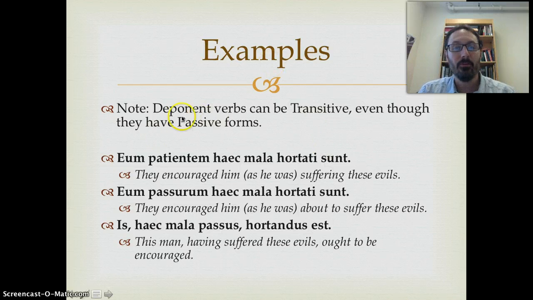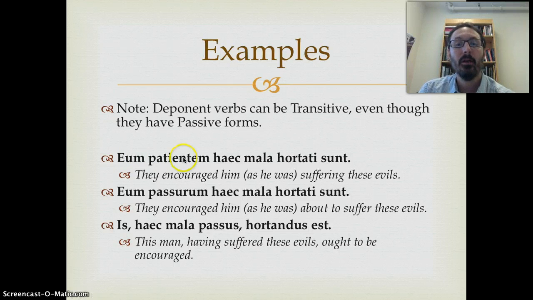But these verbs, deponent verbs, can be transitive, meaning that even though they look passive, they still have active meaning and can therefore have a direct object. So they encouraged him. And him here is being modified by this participle, also of a deponent verb, patior.